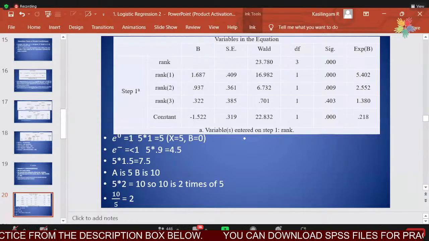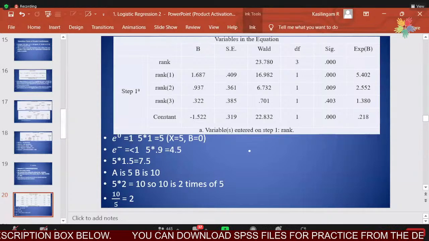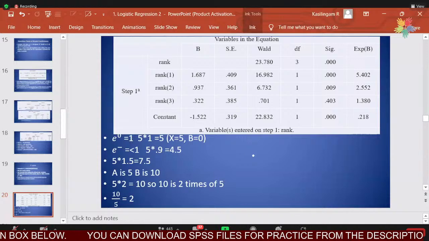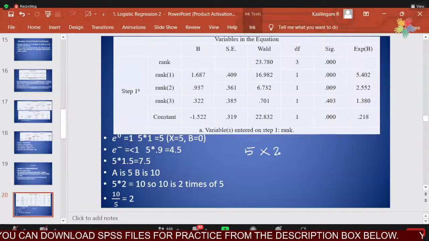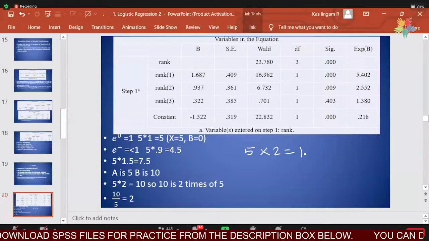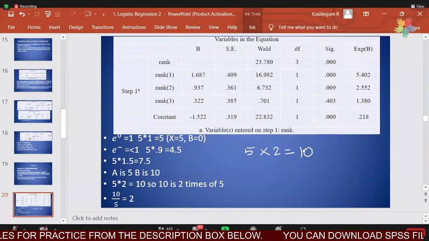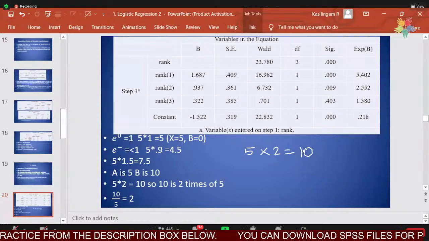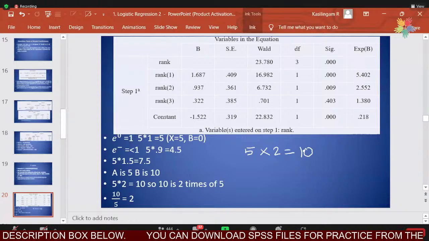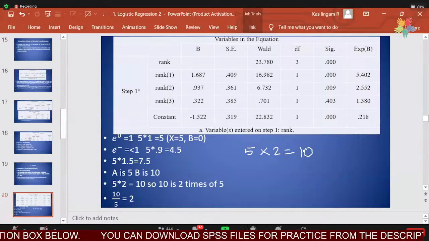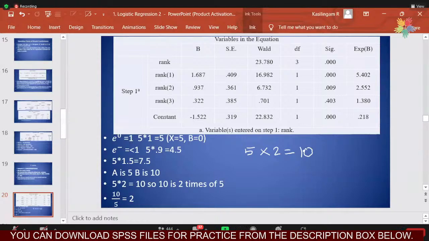Now, one more thing I will write. If I say 5 into 2, which is equal to 10, since I've used multiplication, what word am I using? 10 is 2 times of 5.